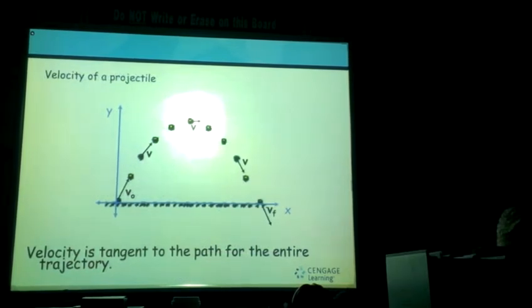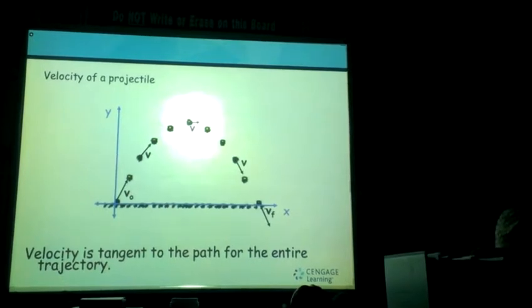Let's talk about the difference between the position of a projectile, the acceleration of a projectile, and the velocity of a projectile, because all of them are going to be different. If I look at the overall velocity of a projectile, I'm going to follow my velocity vectors. Really, the overall velocity of a projectile and the overall position vectors or displacement vectors of a projectile are going to be the same.